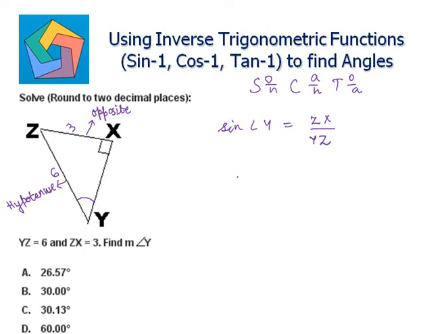So sine of angle Y will be equal to ZX is 3 and YZ is 6. Dividing by 3, sine of angle Y is 1 by 2.